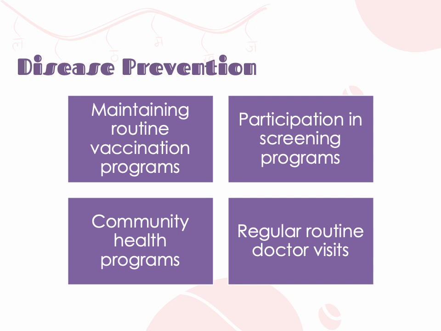Now, when we get into secondary prevention, this happens after an illness or a risk factor has already been identified. So you want to slow the progress of what has already happened. So that means that you want to make sure the client takes their medications for whatever disease they are diagnosed with.